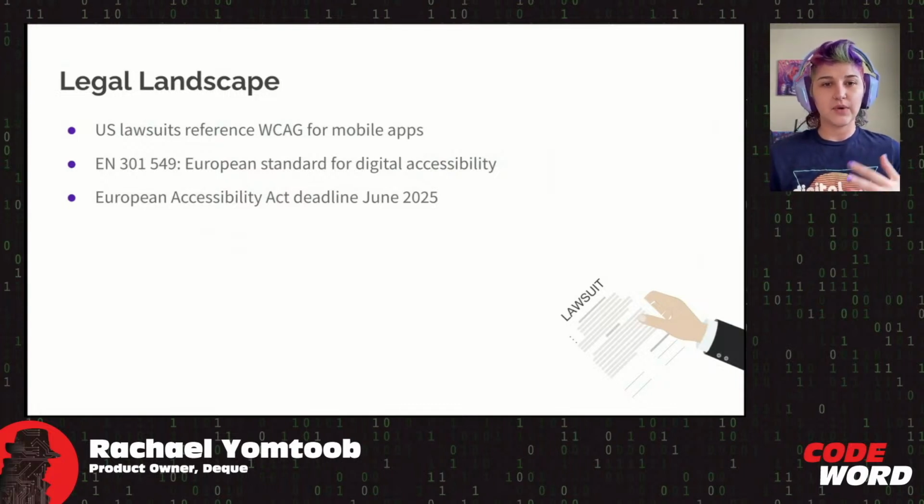But it has not been as widely adopted or enforced in lawsuits in the same way as WCAG has in the US. However, the big news these days is the European Accessibility Act, which will enforce the EN 301-549 with a deadline of June 2025.